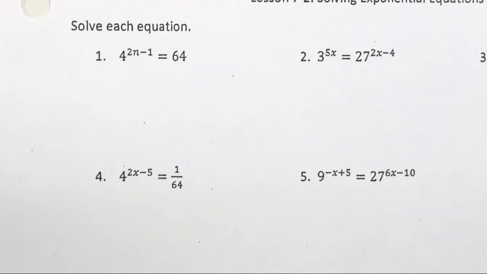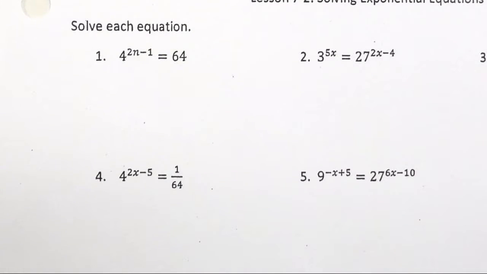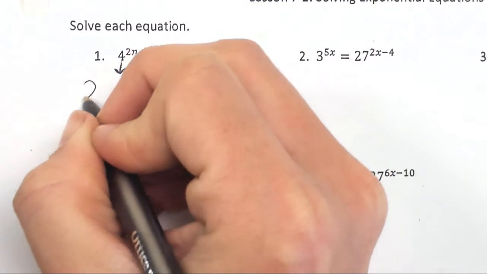Alright, so the trickiest part is just finding a number that you can raise to a power to get both of these numbers. If you're thinking 4, we could raise what number to what power to get 4? 2 to the what power? 2. 2 squared is what? 4. So instead of writing 4, let's rewrite this as 2 squared.